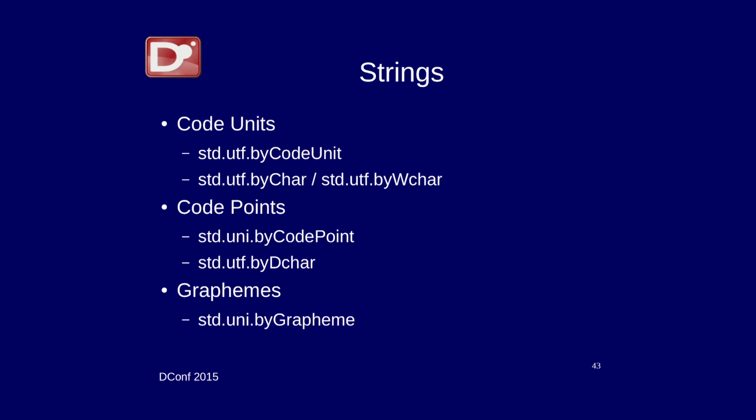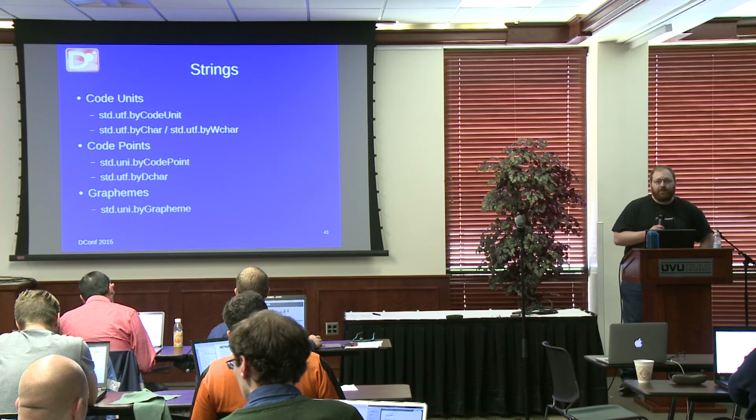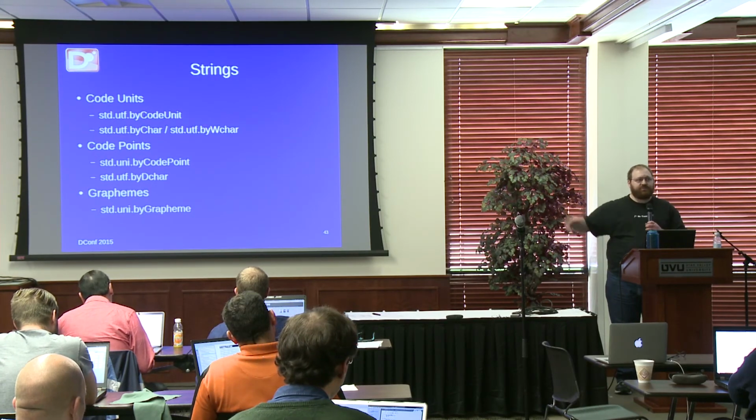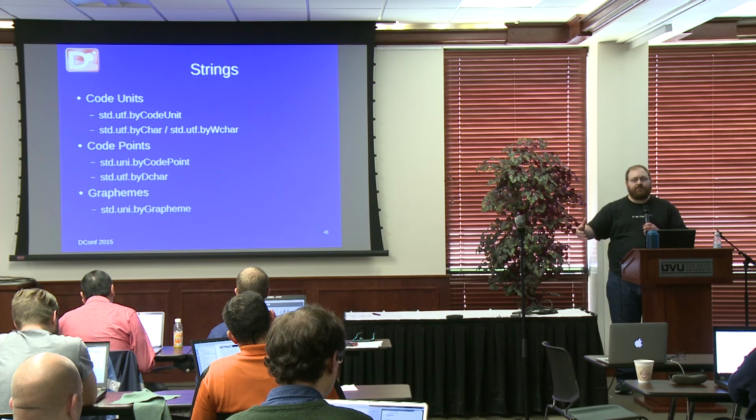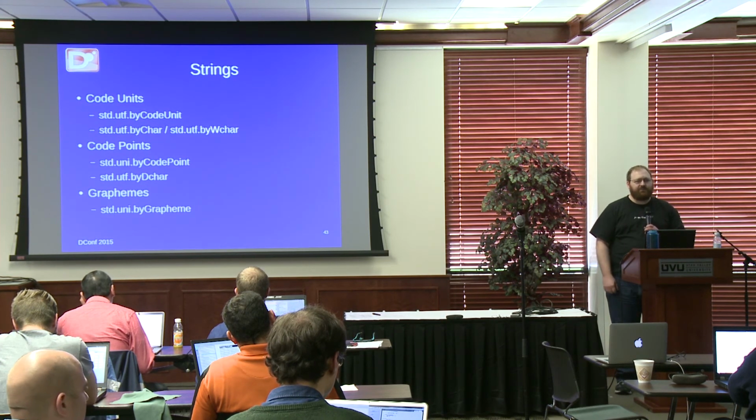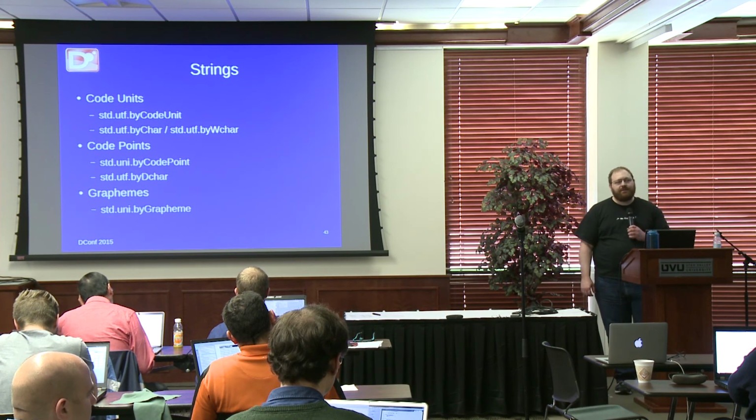One of the core problems with auto decoding is there's a lot of cases where it is completely unnecessary, and while functions like find can completely avoid it thanks to the specializations and just compare things at the code unit level, once you pass it to something like filter, it goes to dchar. And granted, even if strings were ranges of char, you would have to be concerned about the fact that you probably didn't want to pass it to filter that way.